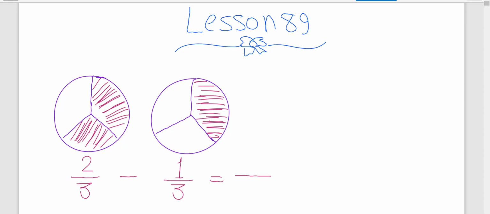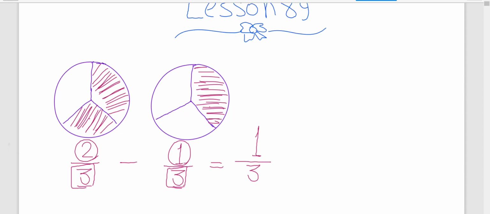So write the number 3 in the denominator and subtract the two numbers in the numerator. 2 minus 1 equals 1. In subtracting, we write the same denominator and subtract the numerator.